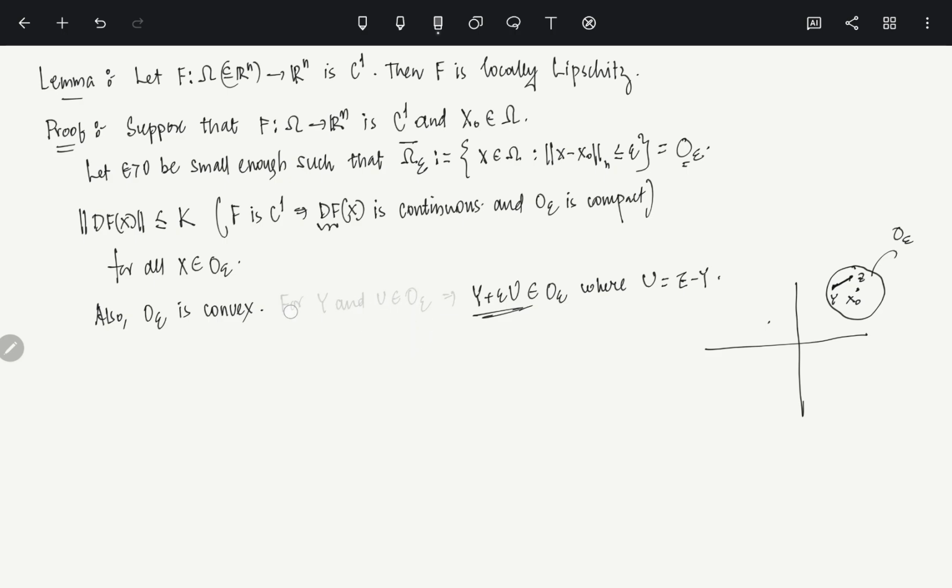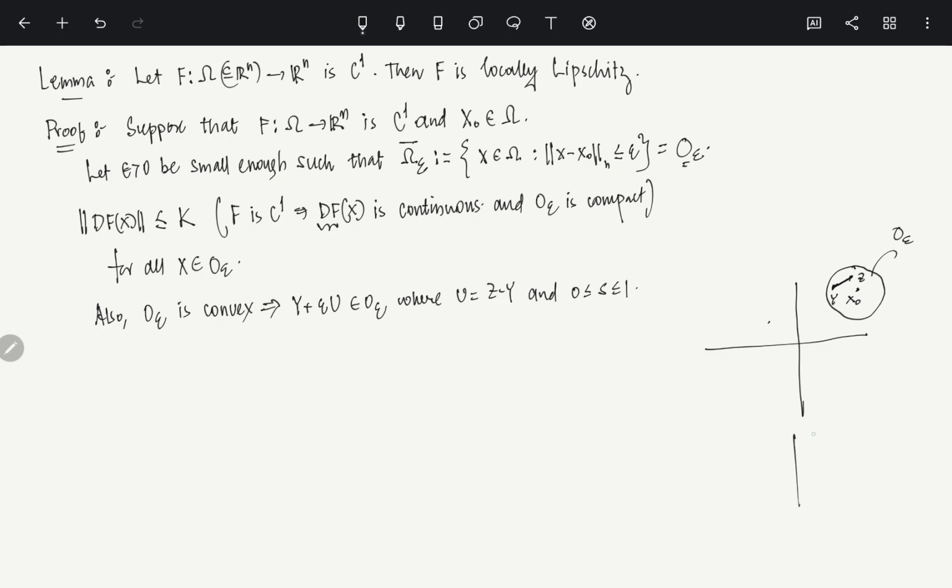So basically what I am trying to say is this: since O epsilon is convex, that will imply that y plus epsilon u is in O epsilon, where u is z minus y, and epsilon lies between 0 and 1. Okay, why is this true?